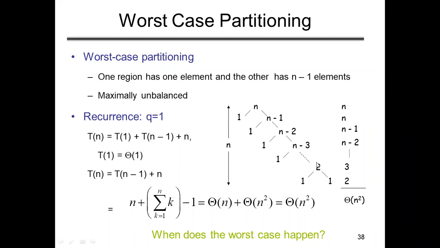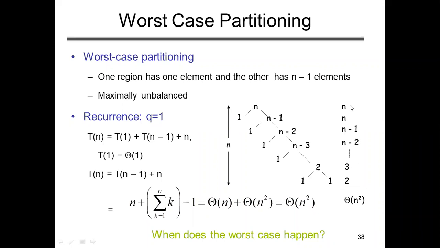Finally, there are two elements. One element you can keep here, and another element 1. So finally, if you check this, we have n minus 1, n minus 2, n minus 3, up to 1.